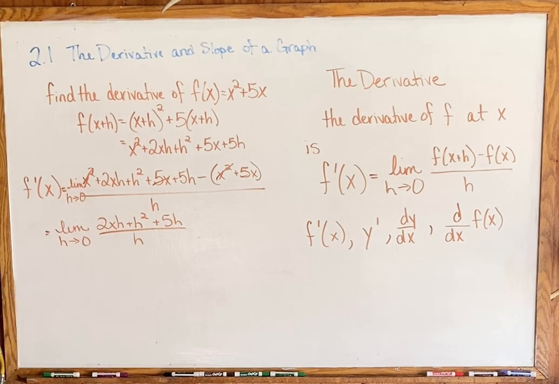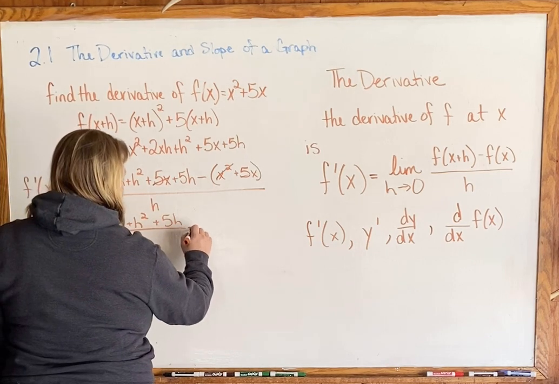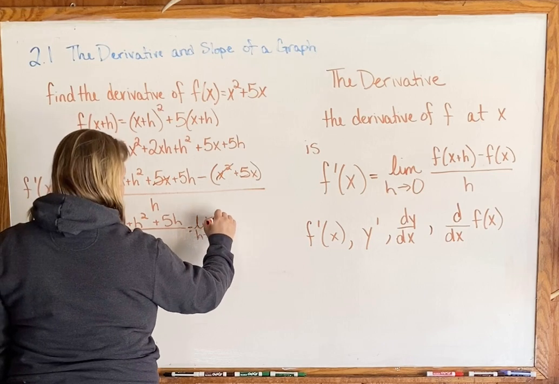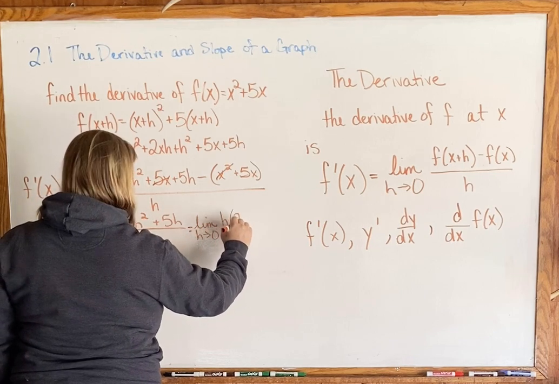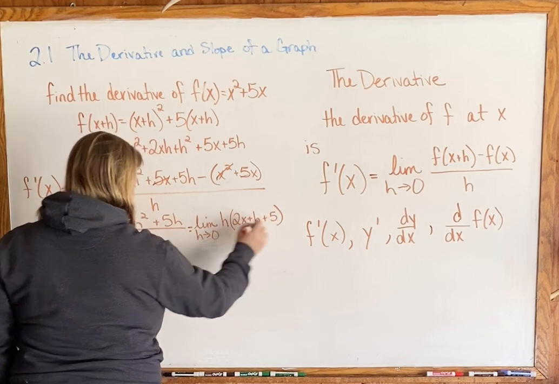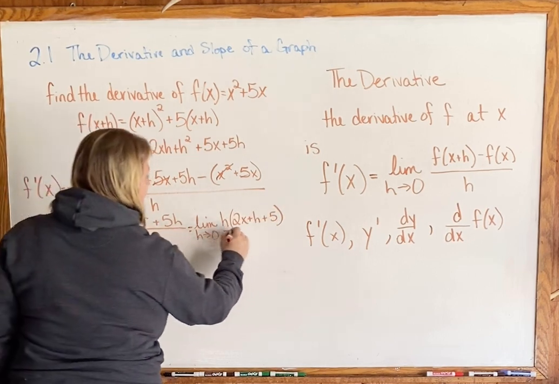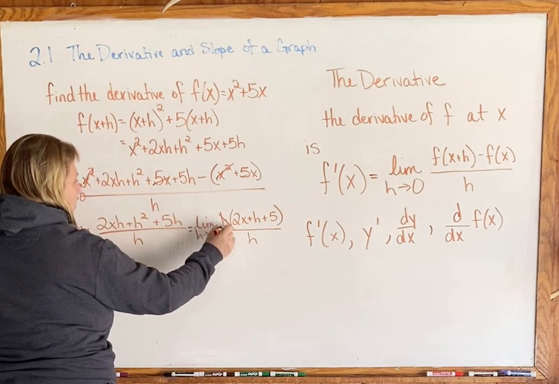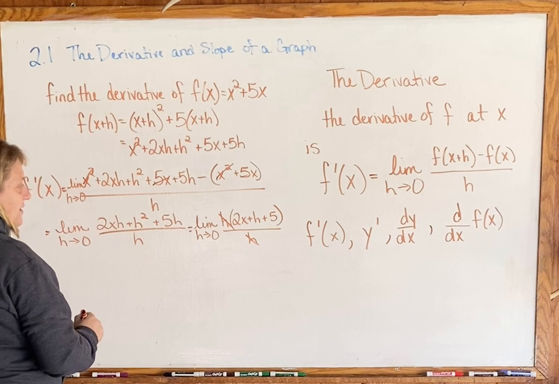But the nice thing about this is that they all have an h in common, yes? So we'll say the limit as h approaches 0 of h times 2x plus h plus 5, right, if we pull out an h, all over h. Okay. And that allows us to cancel out the h's.